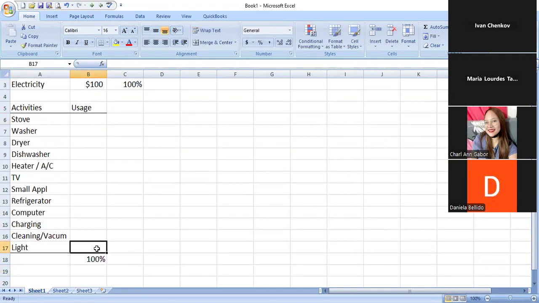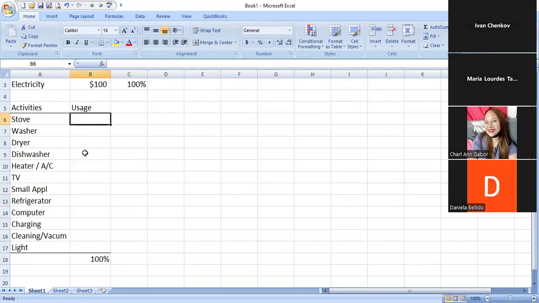So now we have to come up with some measure of our activity and how much we're using that activity during the period. So tell me, which one will be the activity that drives the most of the electricity? Light, maybe.